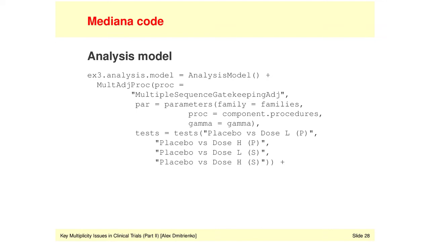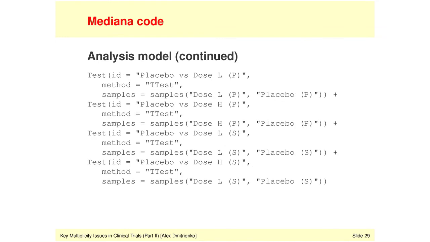Here we simply pass the parameters, the objects that we defined on slide 27. The description of the analysis model continues on the next slide, and here we specify 4 test objects. Each test object directly corresponds to a dose placebo comparison on either primary or secondary endpoint.